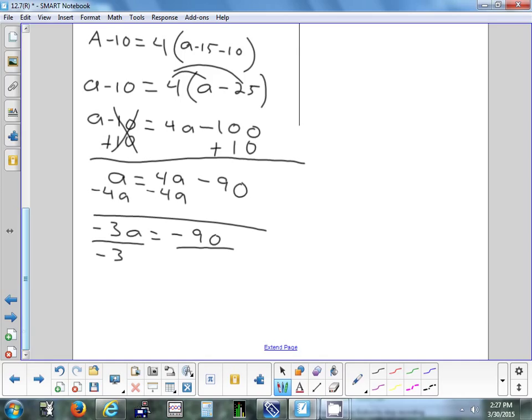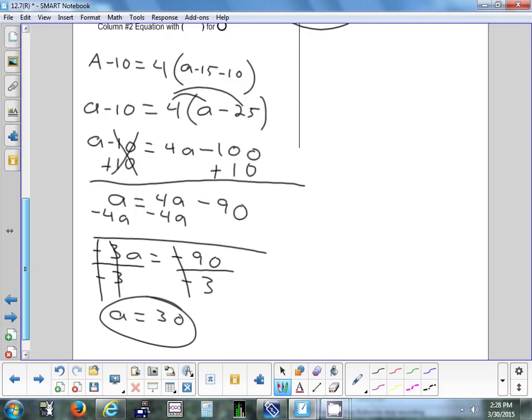Okay, so it's a good thing we got a negative on both sides because what's going to happen now? It cancels out, and then you get A equals 30. Positive 30.